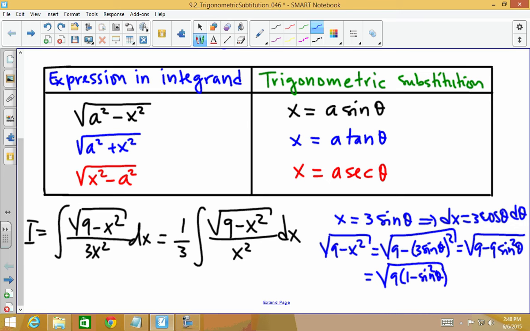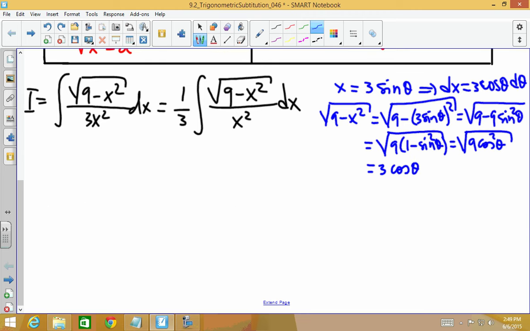And 1 minus sine squared is cosine squared, so square root of 9 cosine squared theta, and that is 3 cosine theta. And x squared itself is going to be 9 sine squared theta.